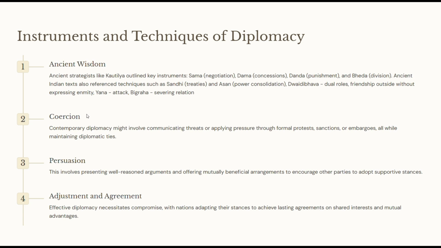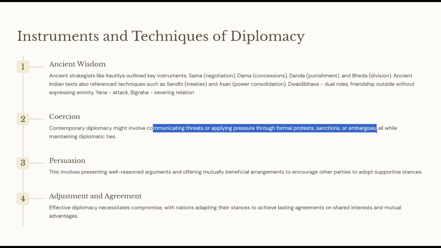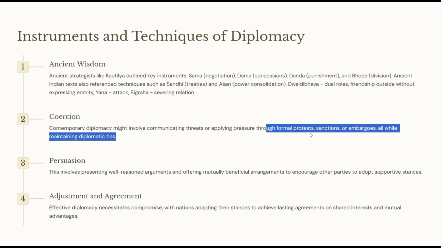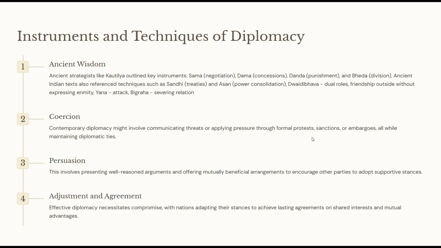Now there are instruments of coercion, usually in contemporary diplomacy, that might involve communicating threats or applying pressure through formal protests, sanctions, embargoes, all while maintaining diplomatic ties. The coercion strategies include formal protests through diplomatic correspondence, such as protest notes and demarches.